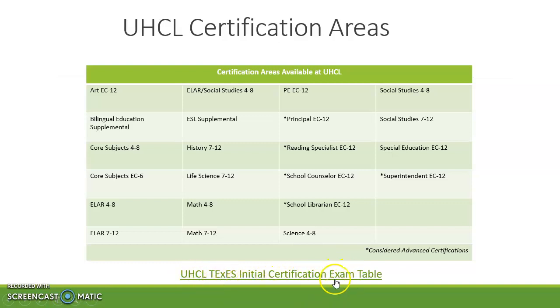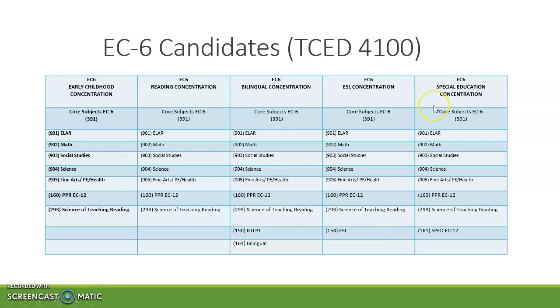And here's a direct link that you could click on that takes you to that state assessment's website to give you more clarification on those certification areas. This slide shows you specifically the exams that you will be responsible for taking. So for instance, if you are an EC through 6 candidate, you're in TCED 4100, you are taking the core subjects exam 391.